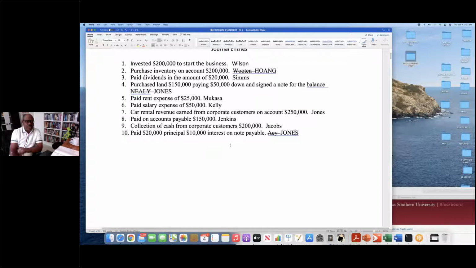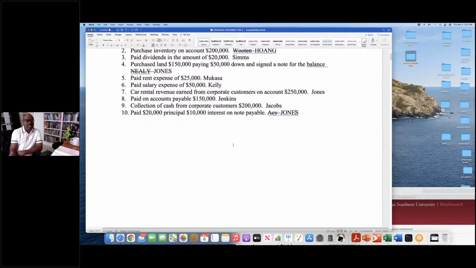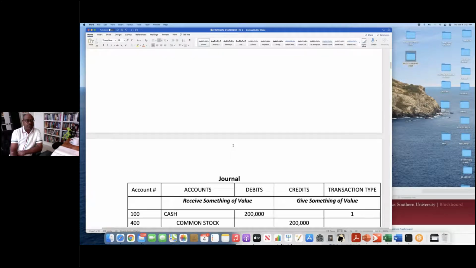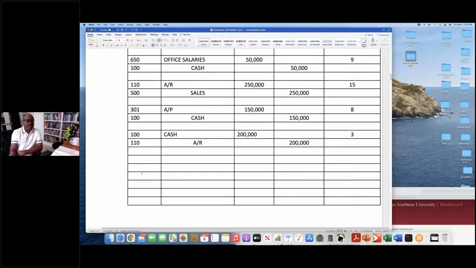So this is another one where we're going to have those 3 accounts. So a principal and interest on the note. So what you going to do? You gonna use note payable, interest expense and cash.